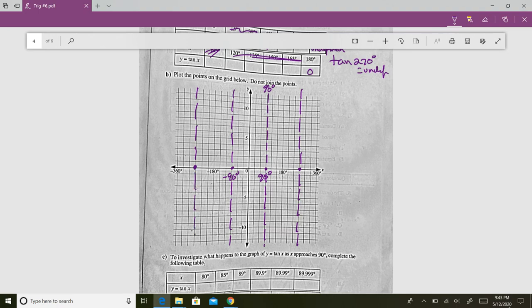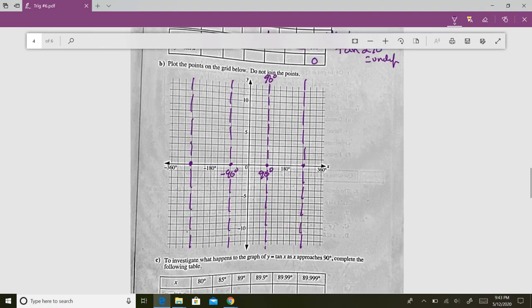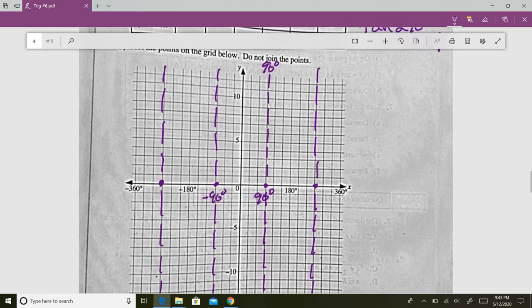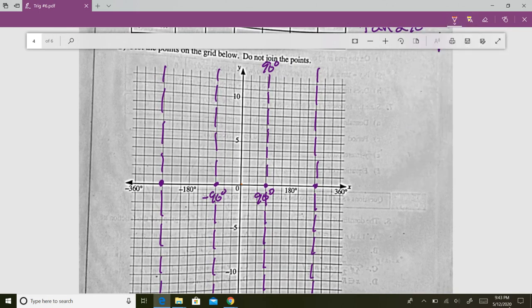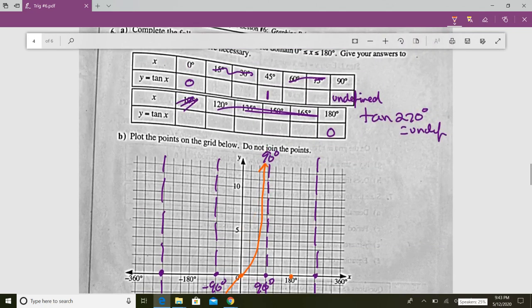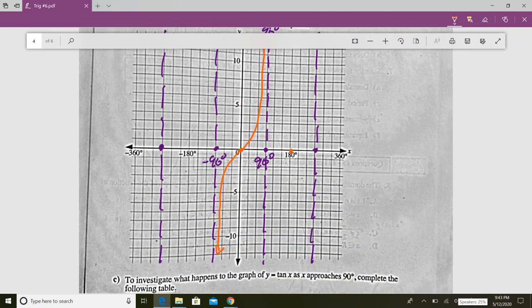So the tan graph is a bit different. It looks like this. 0 at 0, and then it starts to climb, but it can never hit the asymptote. On the other side, it comes down, it never hits the asymptote. And then it repeats that pattern in all these little sections with, remember, tan 180 is 0, so there's an x-intercept.